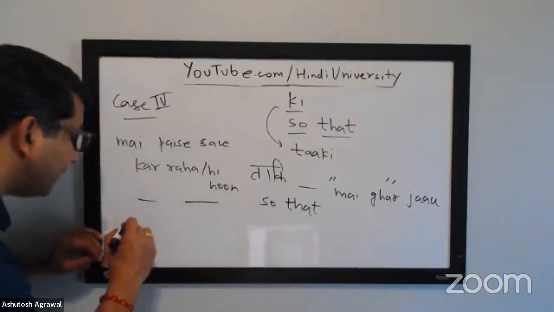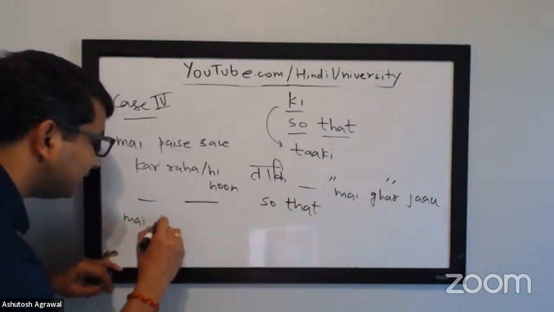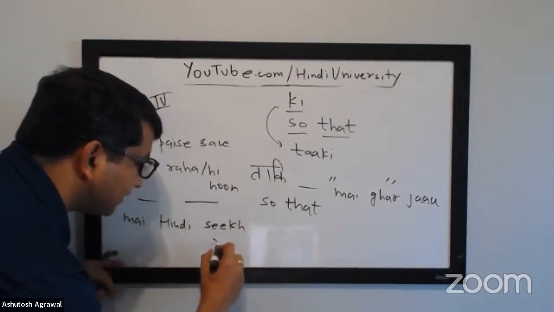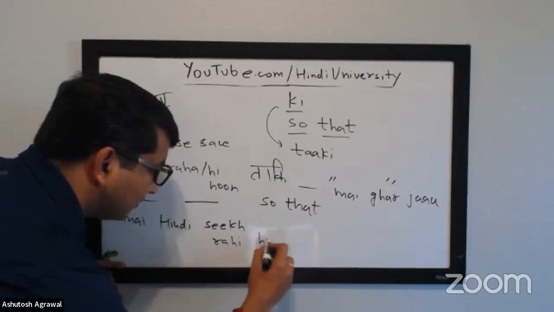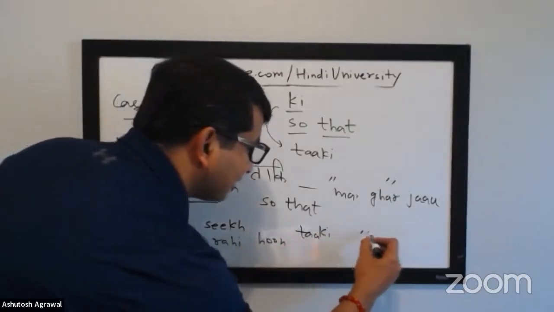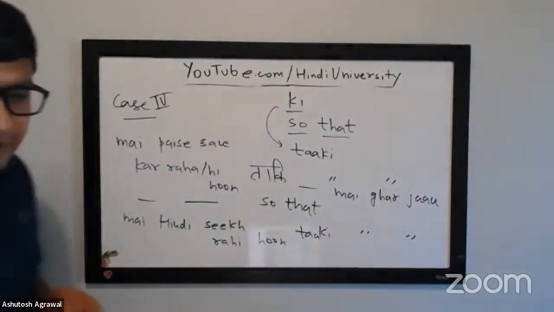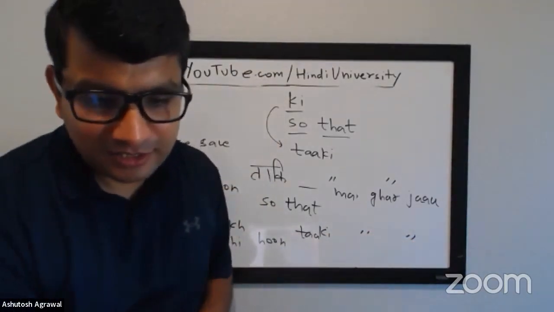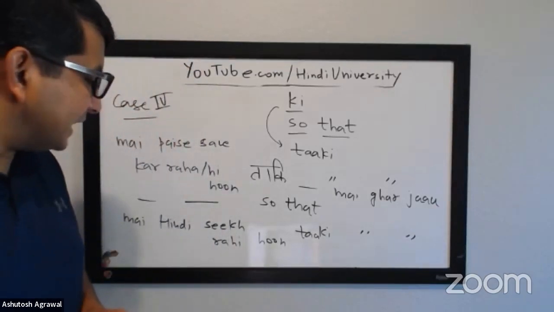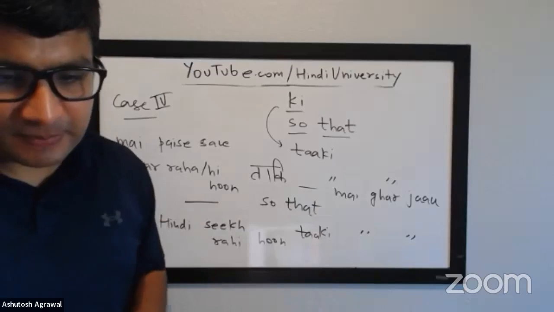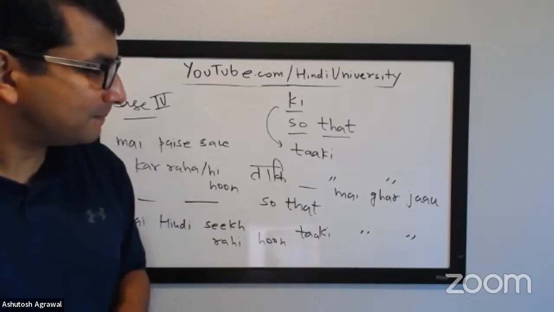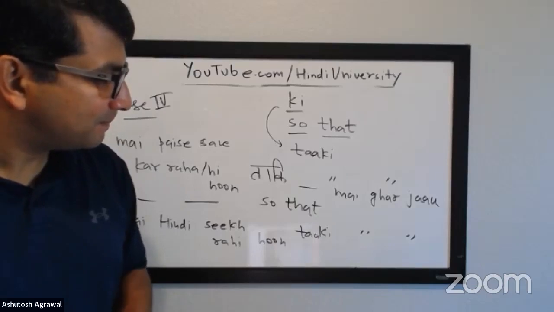Or maybe you can say मैं हिंदी सीख रही हूं ताकि, finish it up. Who will finish it up? मैं हिंदी सीख रही हूं ताकि, डैनियल जी, finish it up. मैं हिंदी सीख रहा हूं ताकि, मैं, is it मैं खाऊंगी?